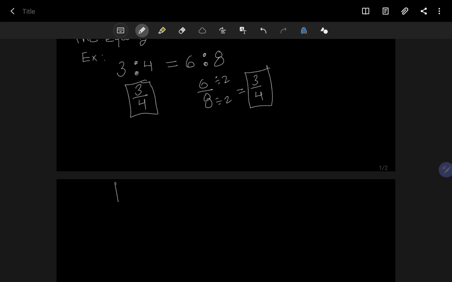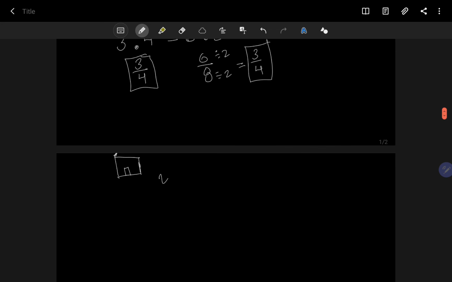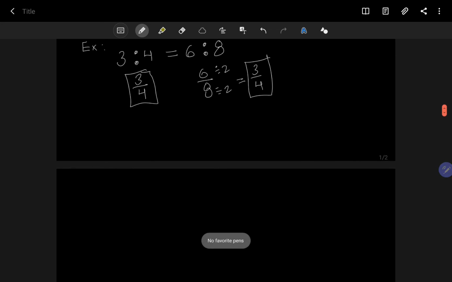So if I'm building a house, and I need to show this to someone, this is how big the house has to be, this is how it needs to be.